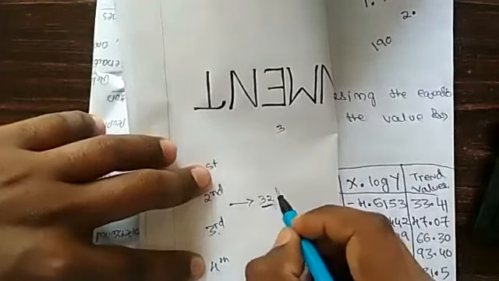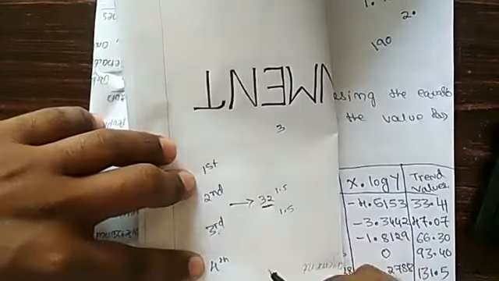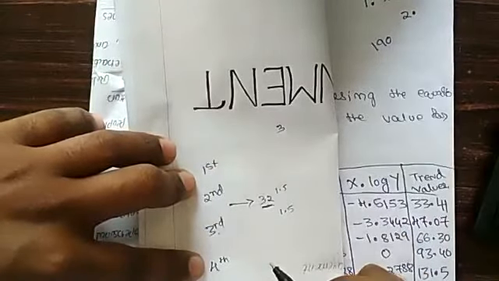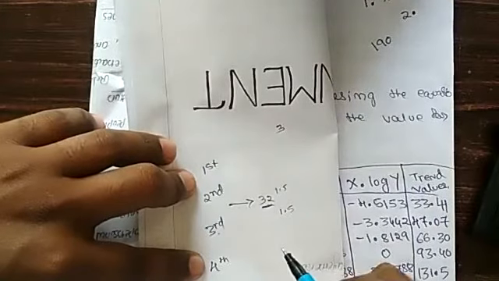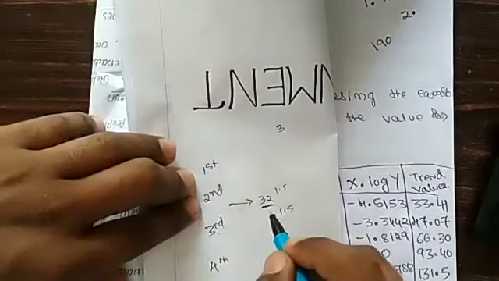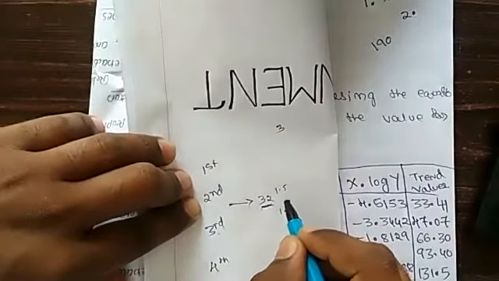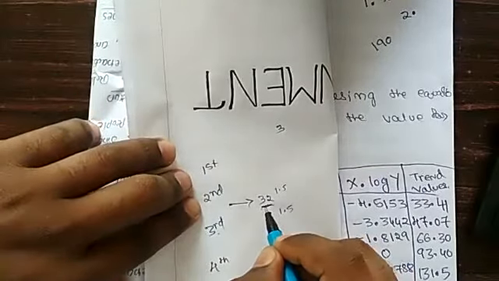So that means 1.5 above, 1.5 below. Correct? So in order to find the trend value for the second quarter, we need to deduct 1.5 from 32. Correct?